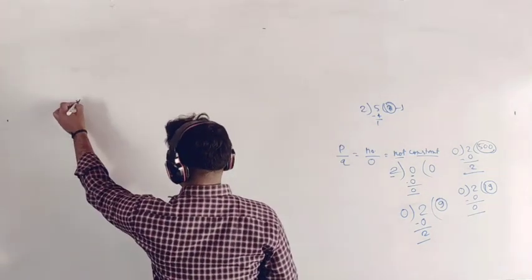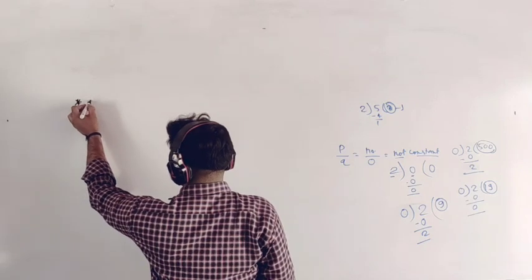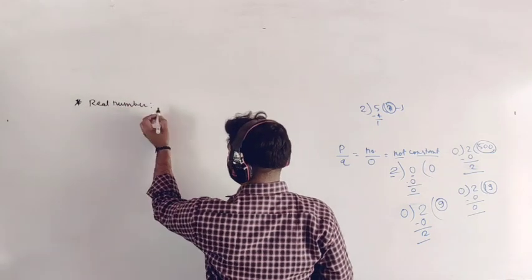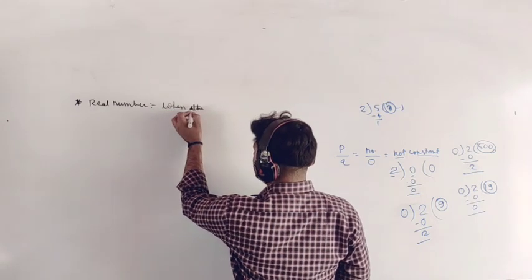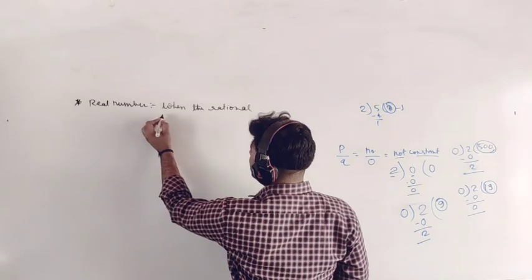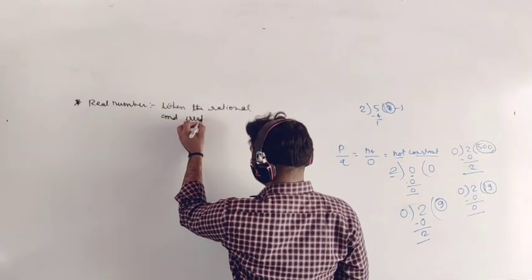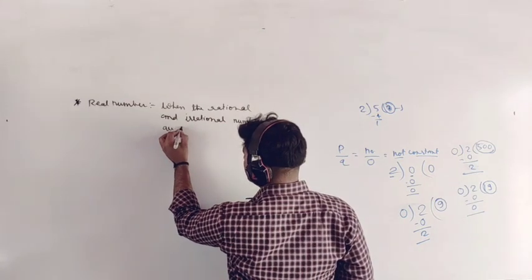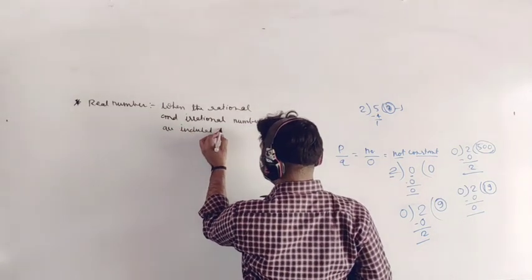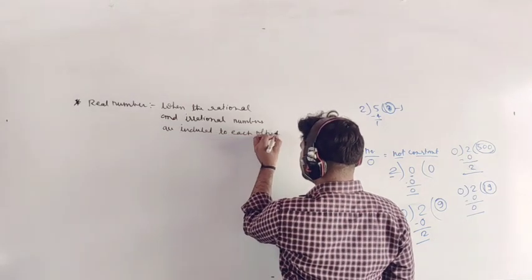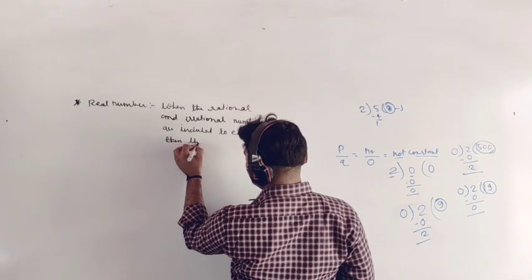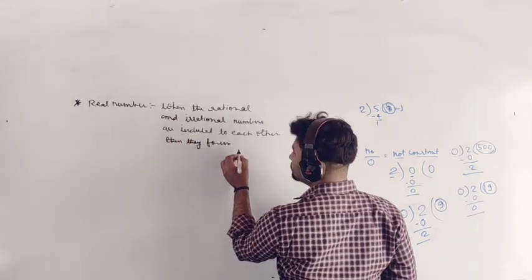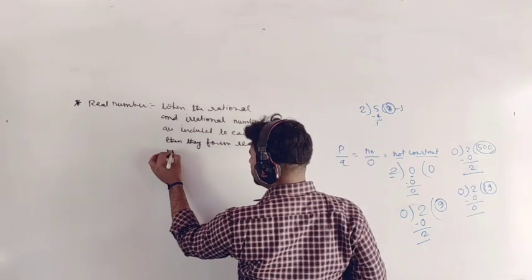Means if we are talking about real numbers, it is the topic that deals with chapter 1, real numbers. When rational and irrational numbers are included with each other, then they form real numbers.